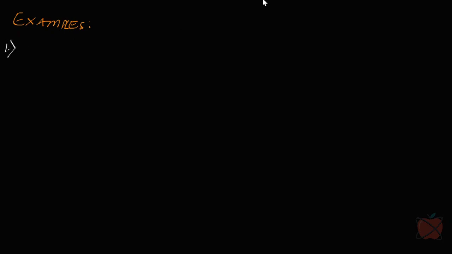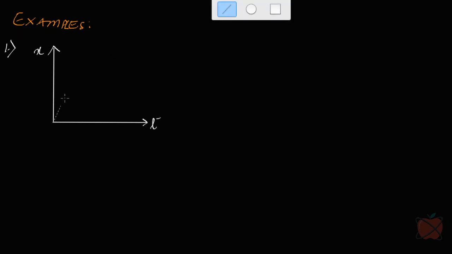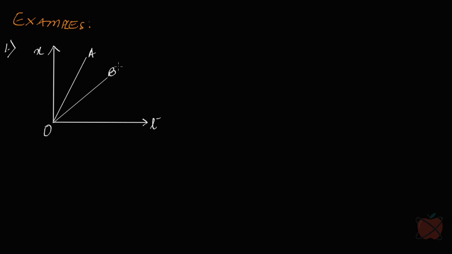Let's call this example number 1, and let's say you have this graph, something like this. Here the lines OA and OB are the position time graphs for bodies A and B. Which one is traveling faster, body A or body B?